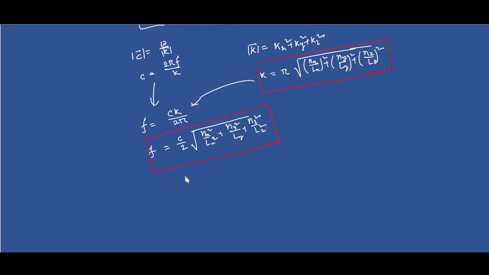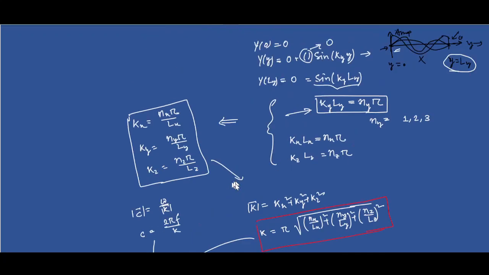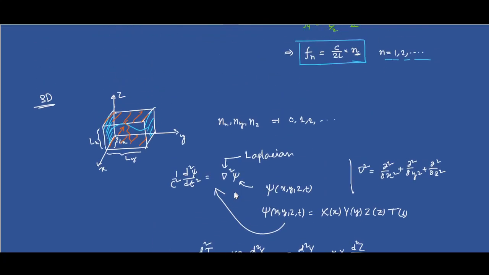To do that, as this is a 3D wave, we can also get the expression for 1D from here. Let's say our box is one dimensional, then ly and lz go to 0, and it should give me the frequency in 1D. Let's check. Does it give me the expression as we derived here?